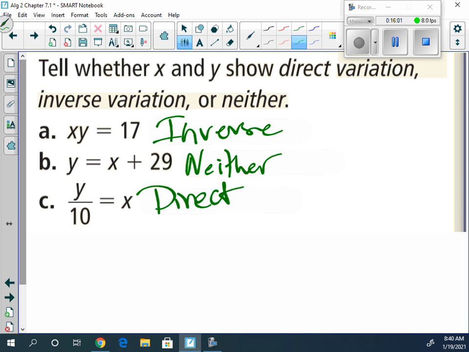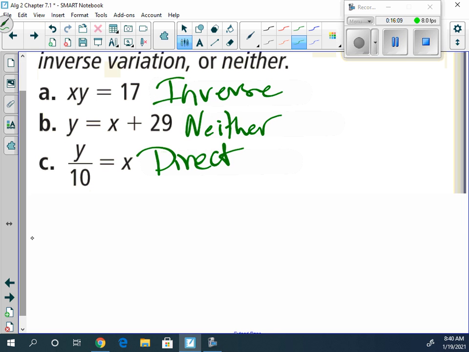I mean, besides all these so far, I've given us one of each here. Because it looks like it could be inverse, because we have y divided by 10, yes? But isn't this the same as 1/10 y equals x? Because we're just multiplying y by 1/10.